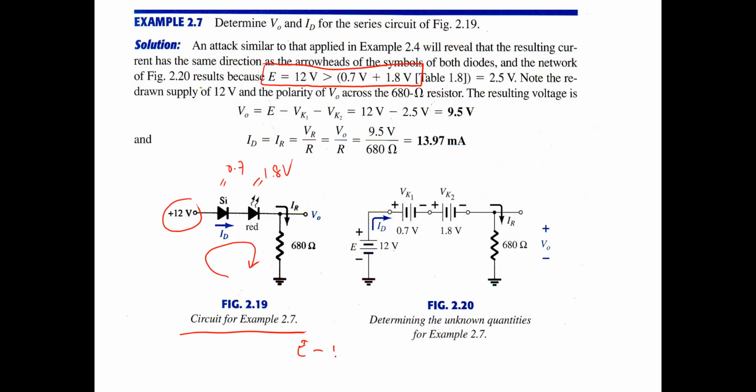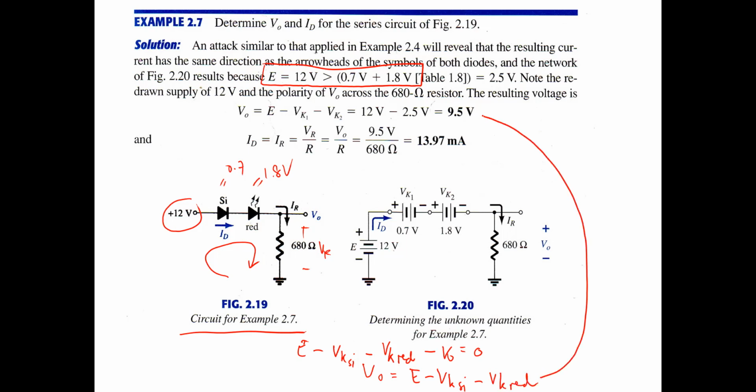E minus Vk silicon minus Vk red minus VO, where VO here is similar to VR, equals 0. Or VO is equal to E minus Vk silicon minus Vk red.